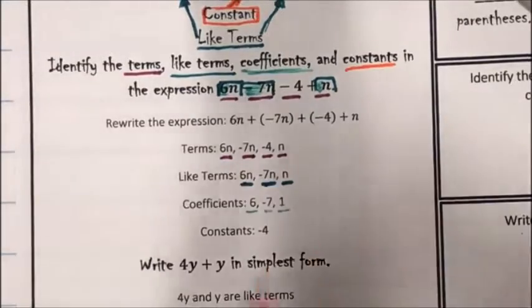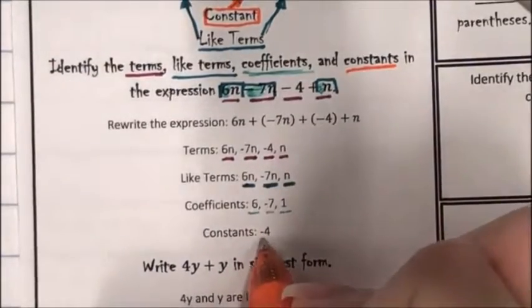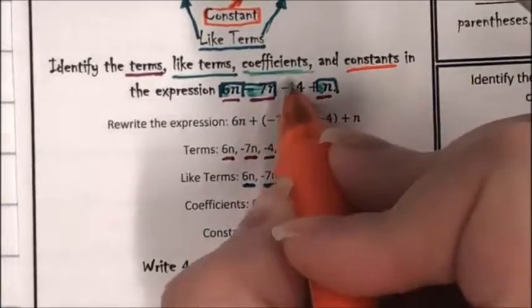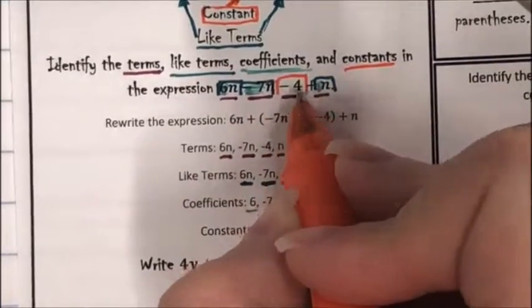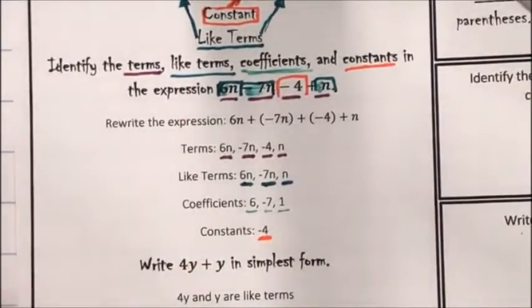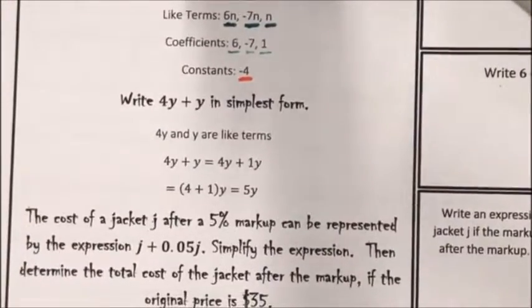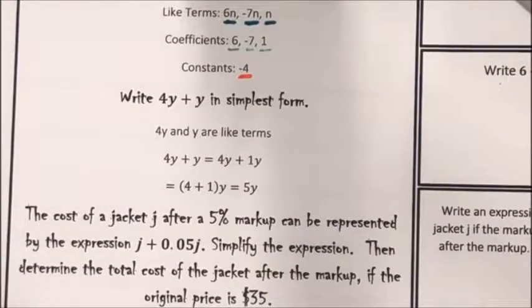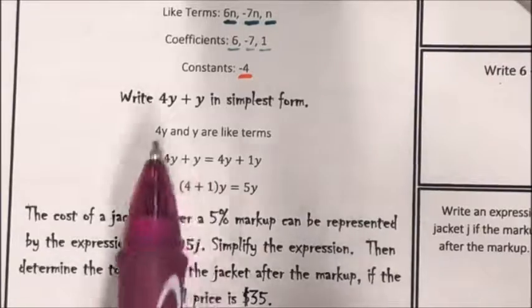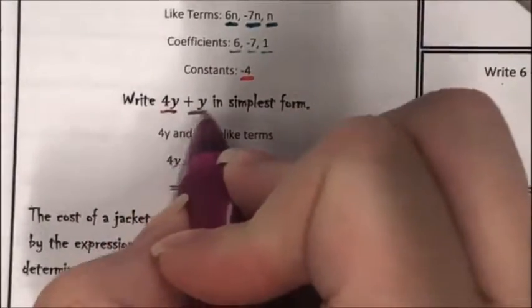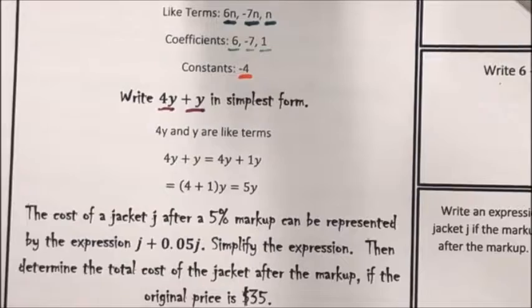And then my last thing is my constants. My constant is negative 4 because that's the only term that does not have a variable attached to it. My second example, I want to write 4y plus y in simplest form. So 4y and y are terms, and they're like terms because they both have a y.